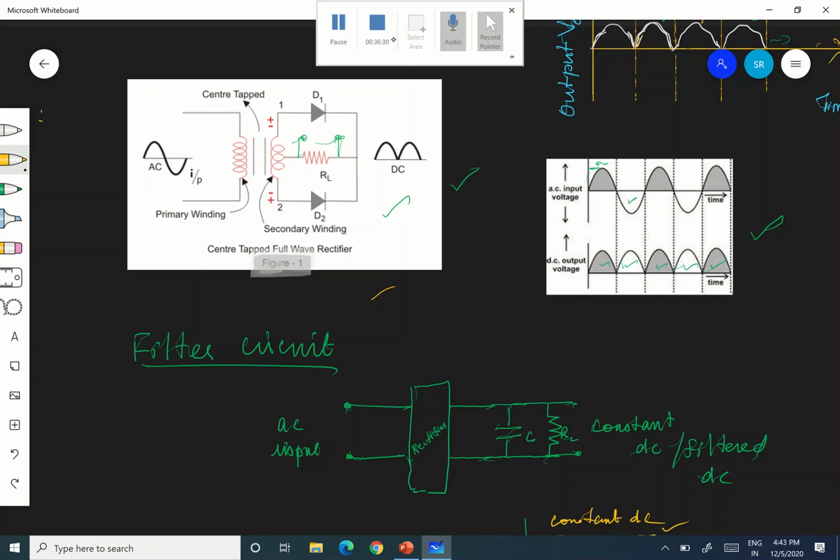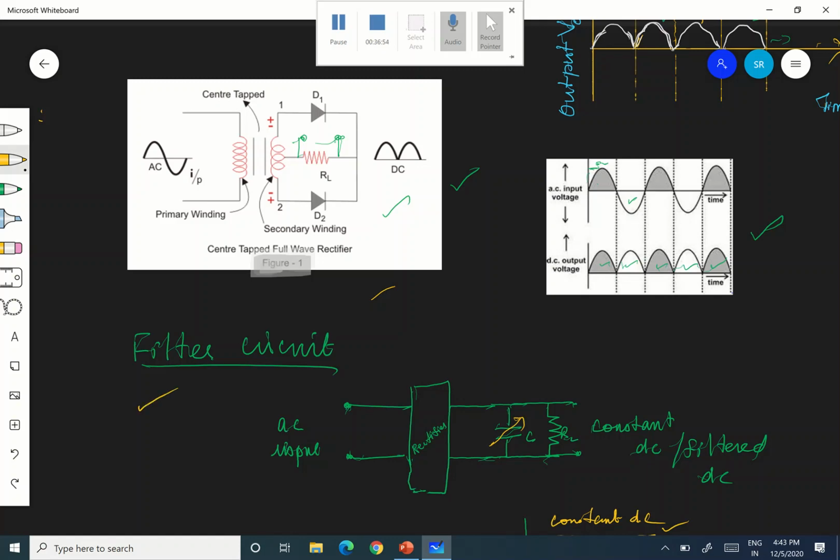How? There will be a variable capacitor here. When you tune the capacitor value, you get whatever voltage you want. You give 220 volts AC, but you get 2 volts DC, 4 volts DC, 6 volts DC. Which means you have converted AC to DC.